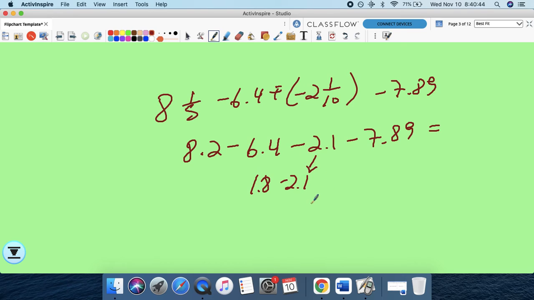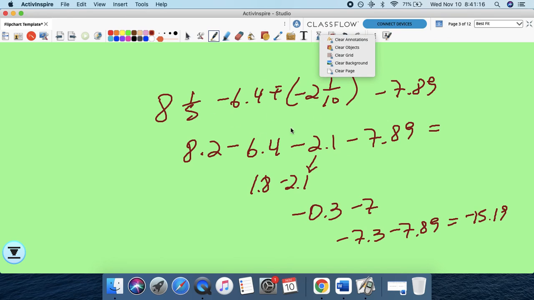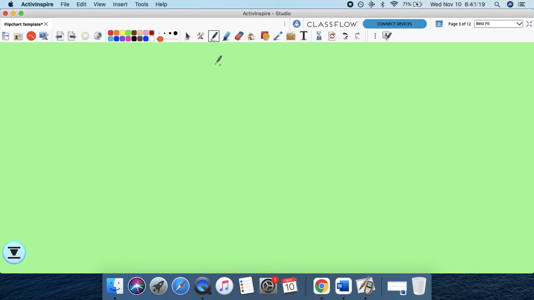That's going to give us negative 0.3 minus 7 is negative 7.3, and then minus 7.89. You can change it to addition if you like. This is going to be negative 15.19, if I'm not mistaken. Okay. I probably have so many errors here, which I'm sure you'll let me know. So 7.3, 15.19. Okay. So notice that, again, you could have used fractions, but I think decimals would have been the way to go.